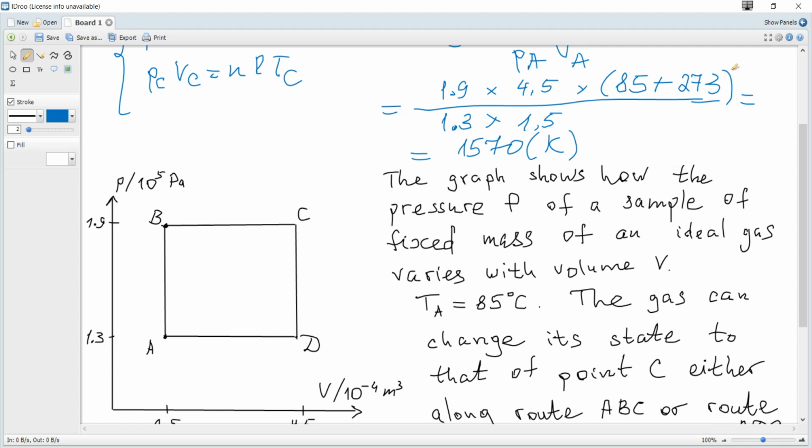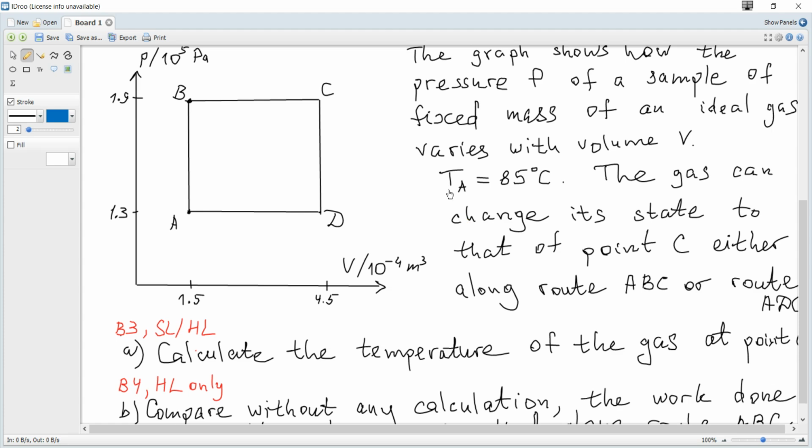It doesn't matter, but here the substitution must be in kelvins. If you want the answer in degrees Celsius, convert the initial Celsius into kelvins, get the answer in kelvins, and then convert into Celsius.